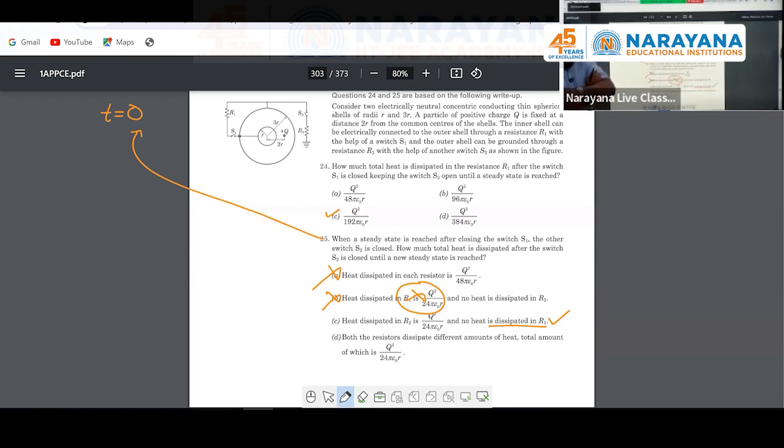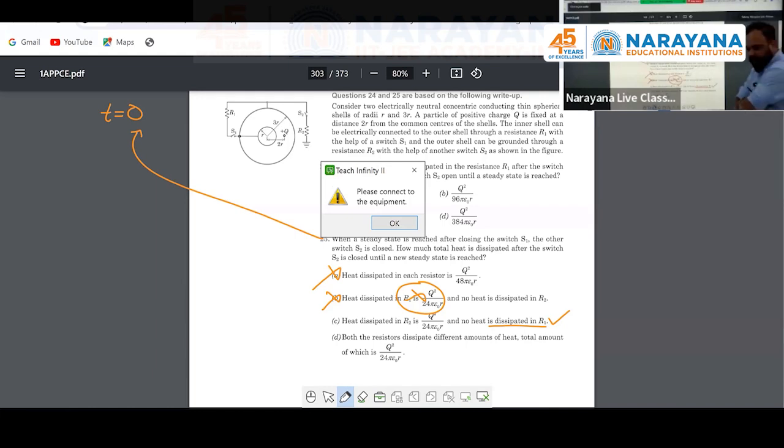Directly बोल सकते हैं. What is the value of charge that you had on the outer surface there? मैंने कैलकुलेट नहीं किया था. What was the value? Outer surface. Okay, right. So how much heat are we dissipating from R2? Are we dissipating any heat from R1? नहीं, R2 से ही देख रहे हैं.